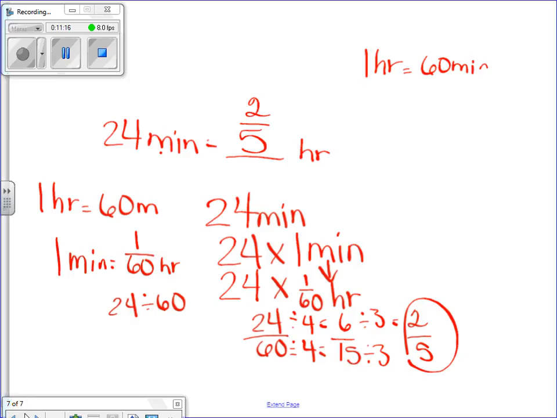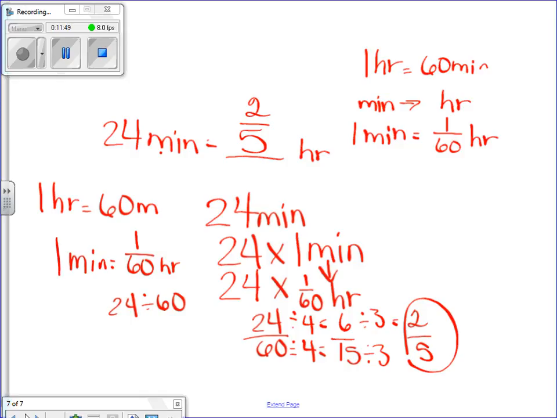When you write things like division, it's the same thing as a fraction. So if I'm going from a minute to an hour, I'm going from small to big. So 1 minute is equal to 1/60th of an hour because it takes 60 minutes to make 1 hour.